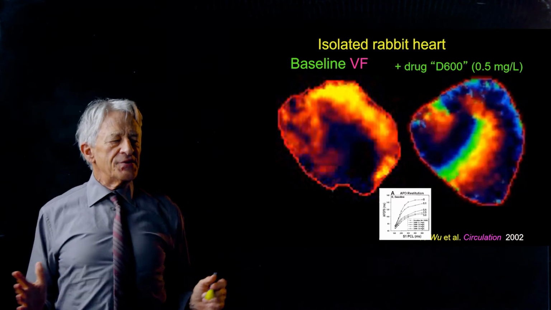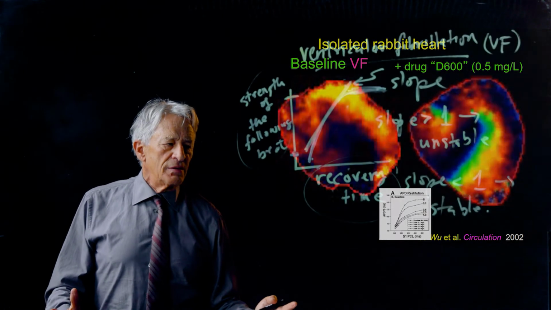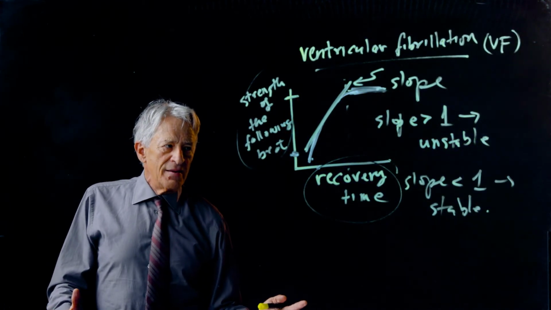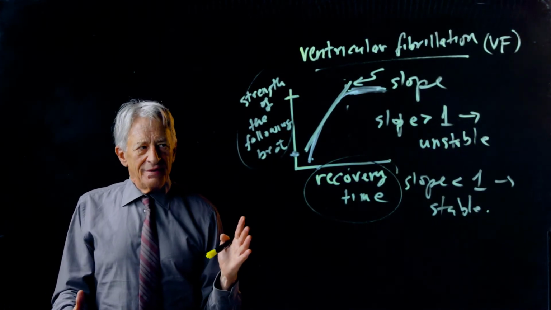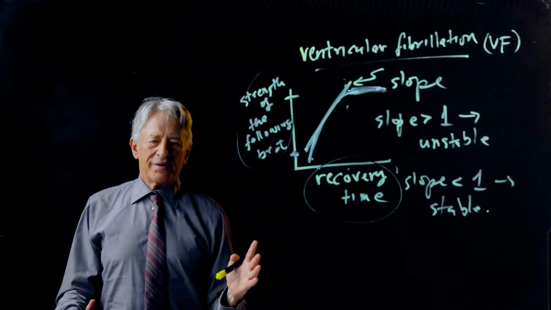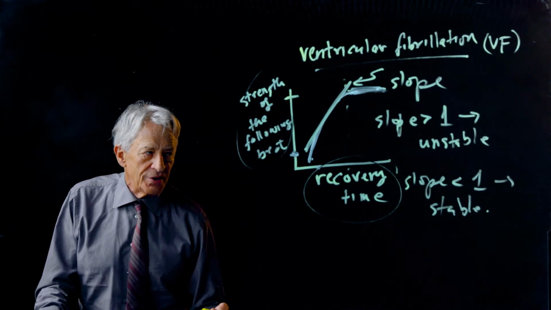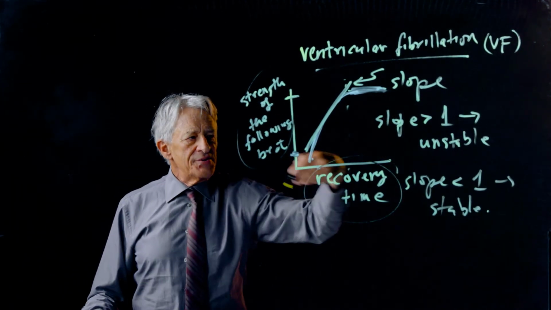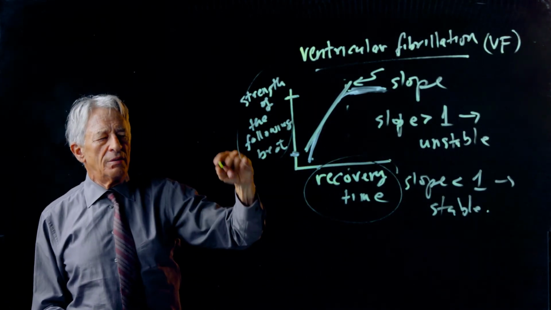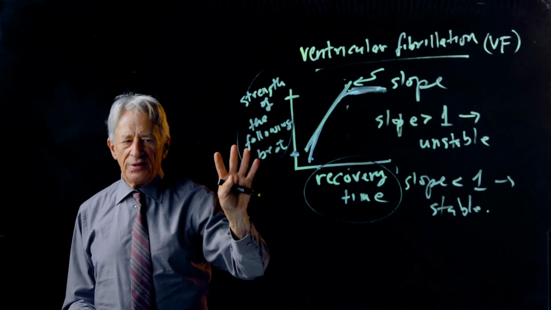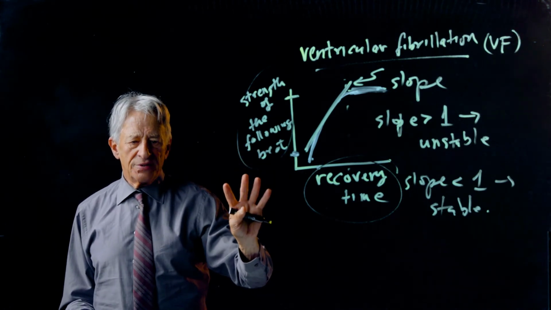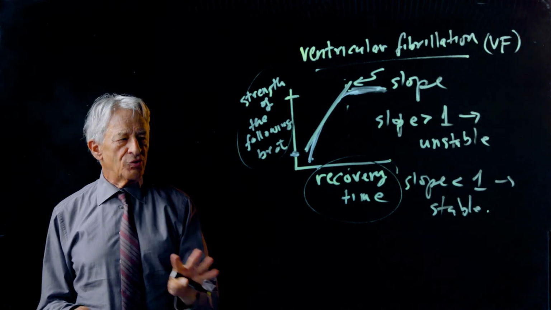So that gives us an encouraging sign that even in as complex a phenomenon as the heart in fibrillation, there really is a single parameter that can be manipulated to take that heart out of fibrillation.